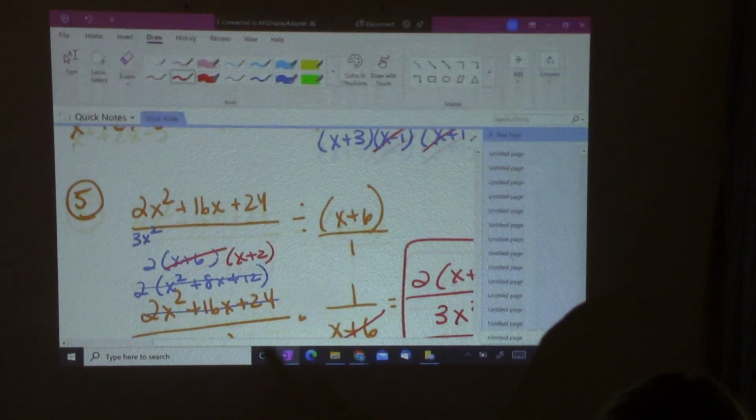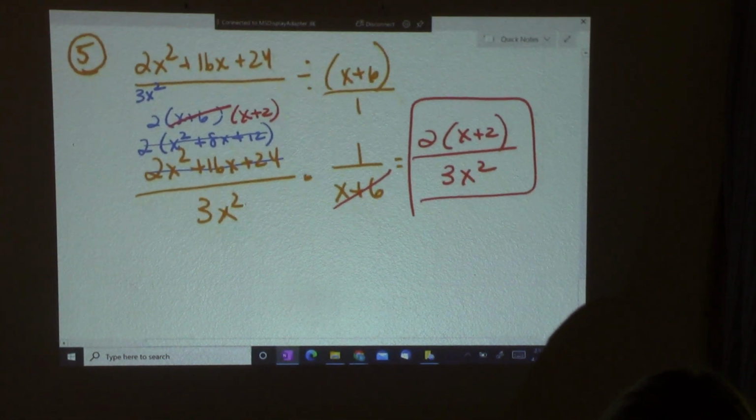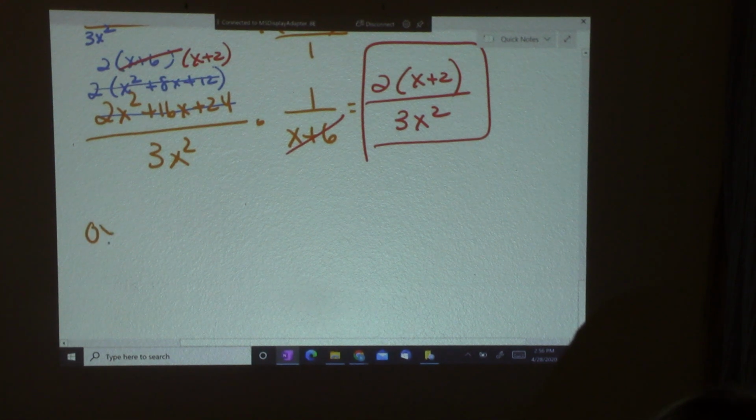All right, I'm going to give you 2 OIOs, and you can try those on your own.